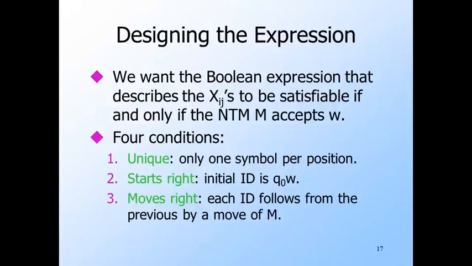This expression enforces the condition that each ID follows the previous ID by one move of M. And as a convenient exception, if the previous ID has an accepting state, then the next ID may be the previous ID. Finally comes the expression finishes right. This condition says that somewhere in all that stuff is an accepting state.